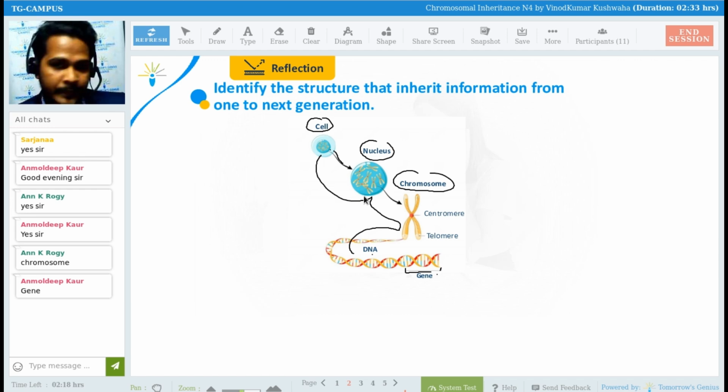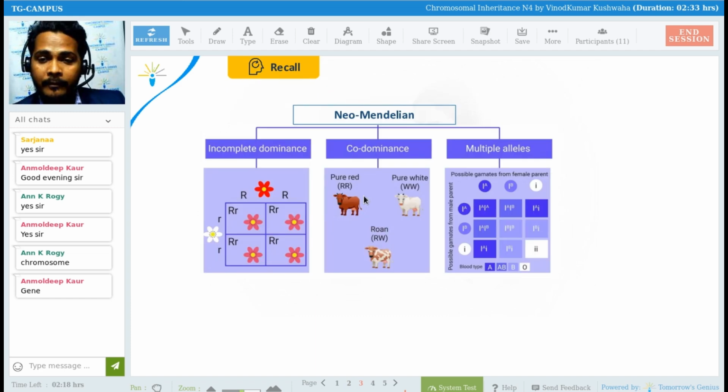Let's try to understand in detail, but before that, recall: this is Mendelian genetics that we studied in the last session. We studied incomplete dominance, codominance and multiple alleles. Yes or no? Yes, we have already studied this.